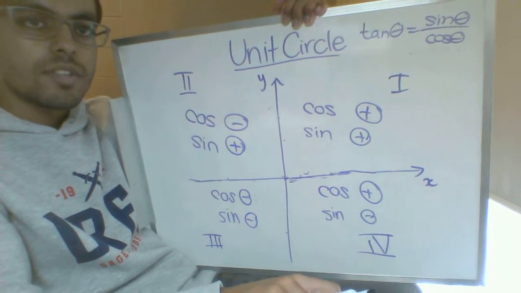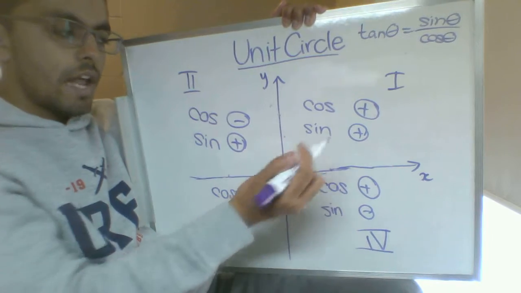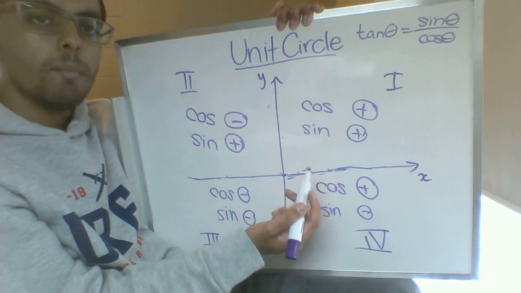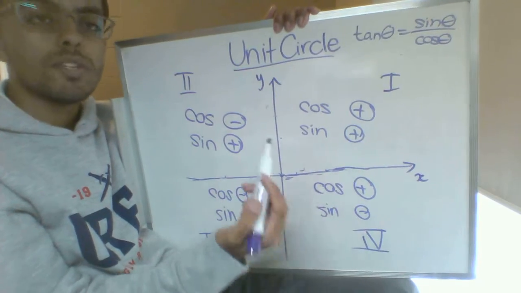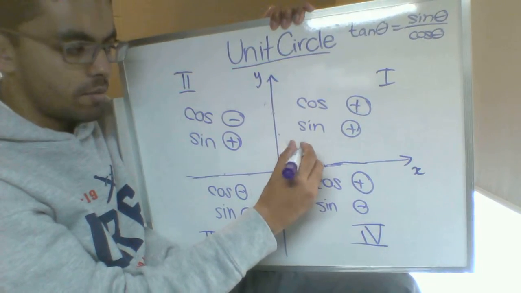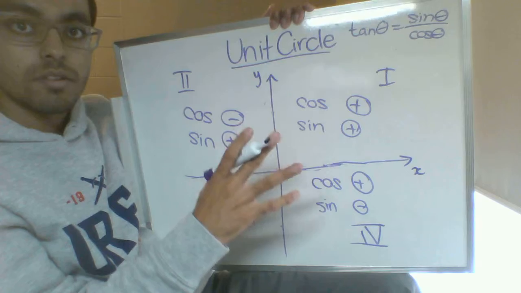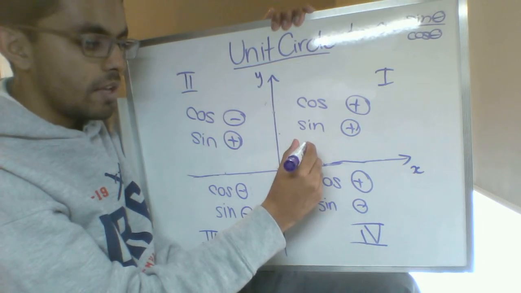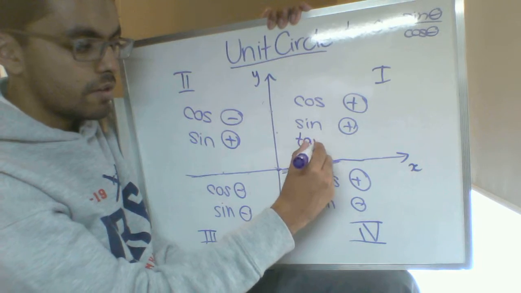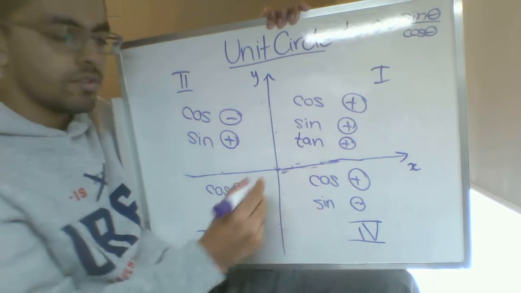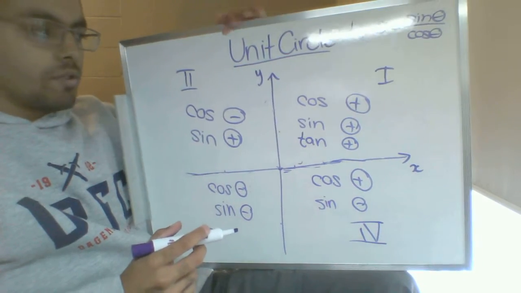Tan theta is equal to sine theta over cosine theta. Now if sine theta and cosine theta are both positive numbers, that's like 2 divided by 3. That's always going to be a positive number. I'm not saying that sine and cosine are 2 and 3. But if you're dividing a positive number by a positive number, then you're going to get a positive number. So tan is also positive in quadrant 1.